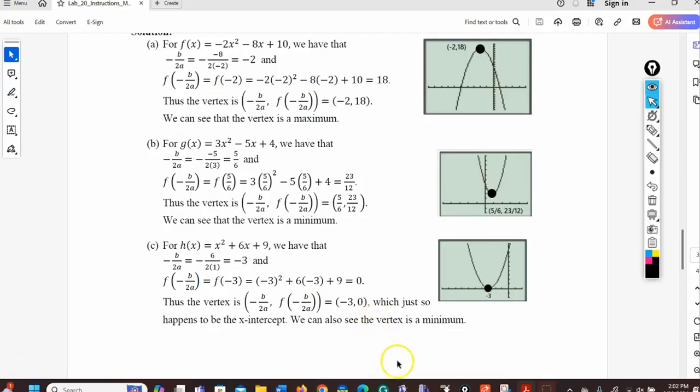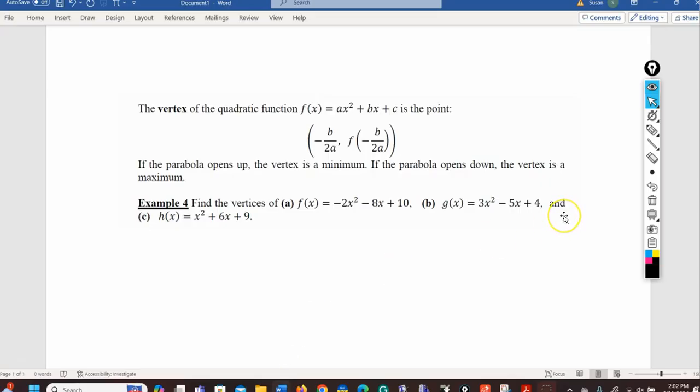And let's do it for the other two. So now I'm on B. See if we can find what the vertex is. So A is going to be 3, B is going to be -5, and C is going to be 4. And let's see what that's going to be.